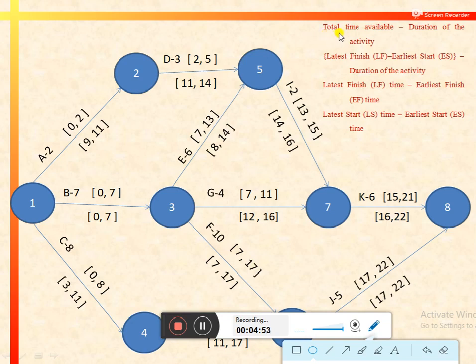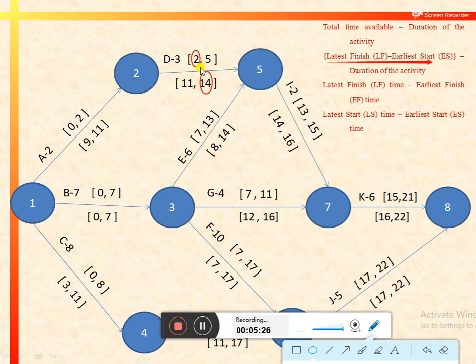So let's use the first expression, that is total time available minus duration of the activity. So total time available for performing activity D can be calculated by using this expression, that is latest finish minus earliest start. So for activity D, the latest finish is 14 and the earliest start is 2.